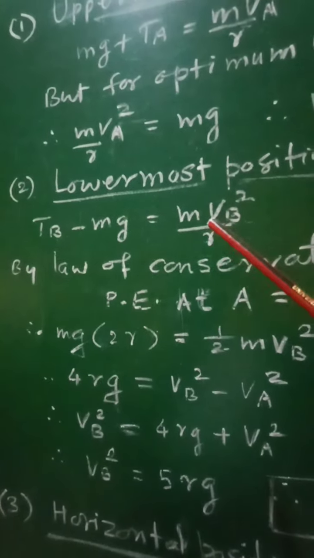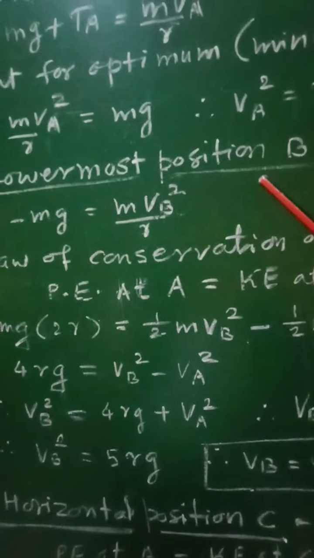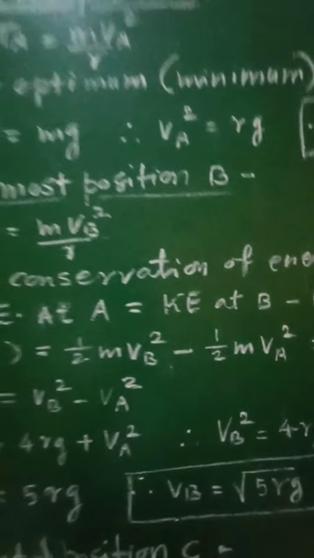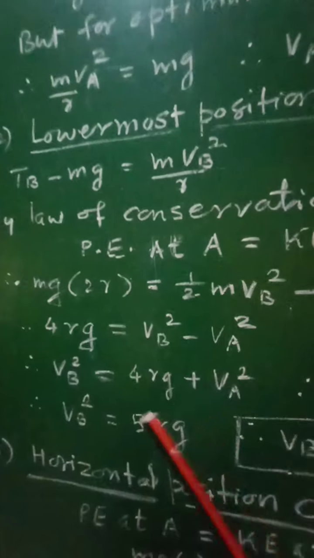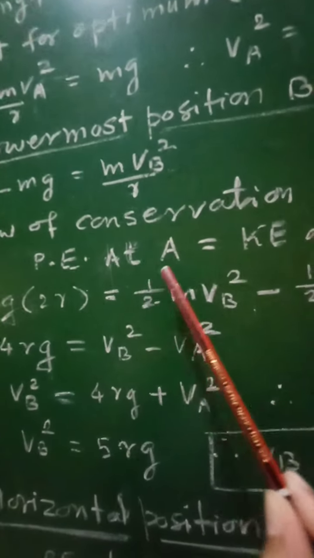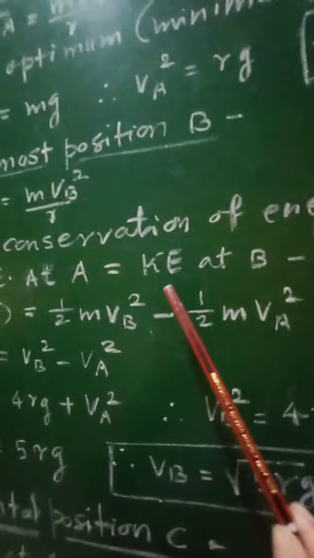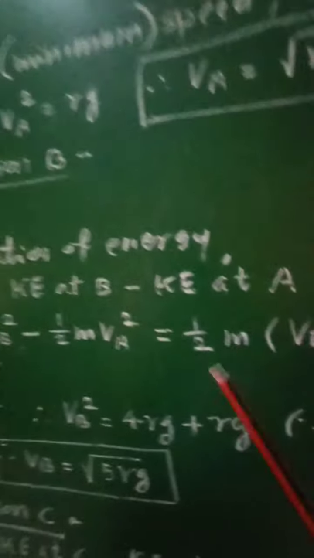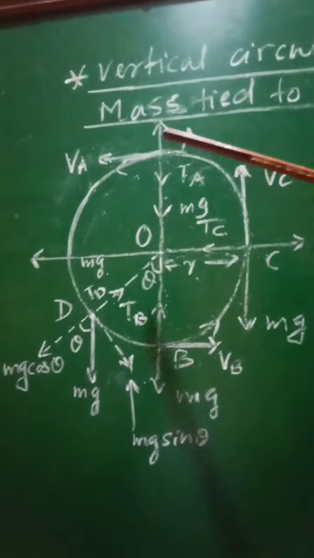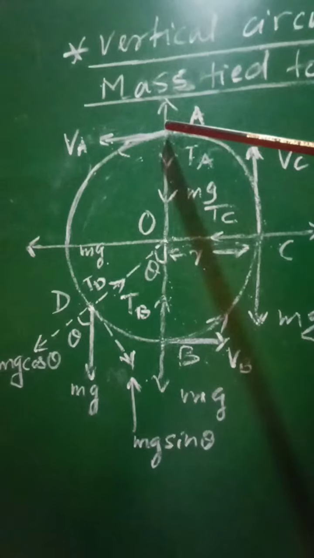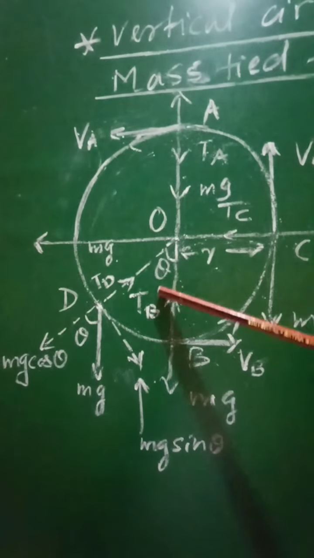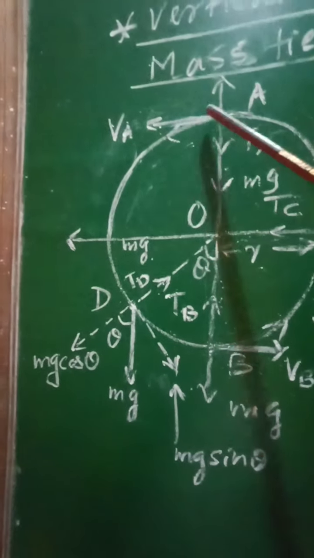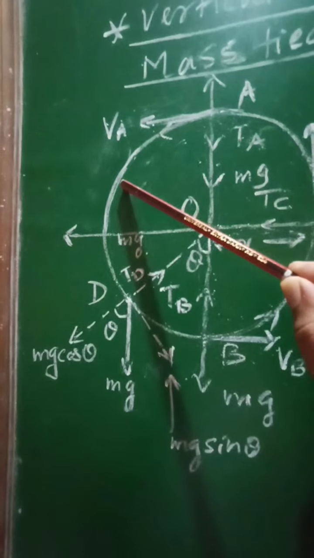Now in this case, in order to obtain the expression for velocity at point B, we have to consider the law of conservation of energy. And therefore, according to the law of conservation of energy, the potential energy at point A must be equal to kinetic energy at point B minus kinetic energy at point A. So initially when that bob is at point A, it will possess potential energy at a height equal to 2r. When it comes down, its velocity will go on increasing.